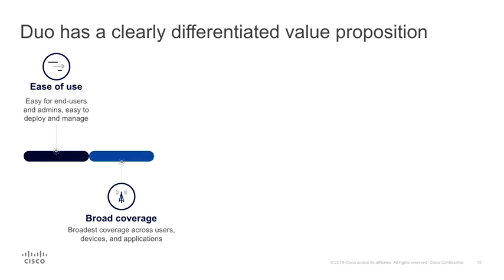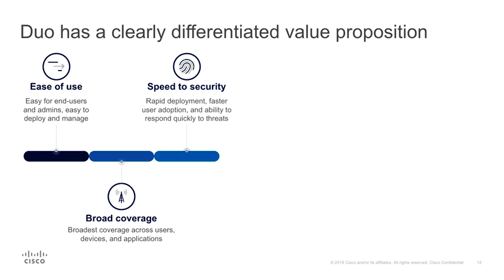2. Broad coverage. Duo protects all applications, both cloud and on-prem, for all employee roles across the enterprise, and enables user group-specific policies. It also provides agentless visibility into all devices, while enabling BYOD alongside corporate-owned devices. 3.